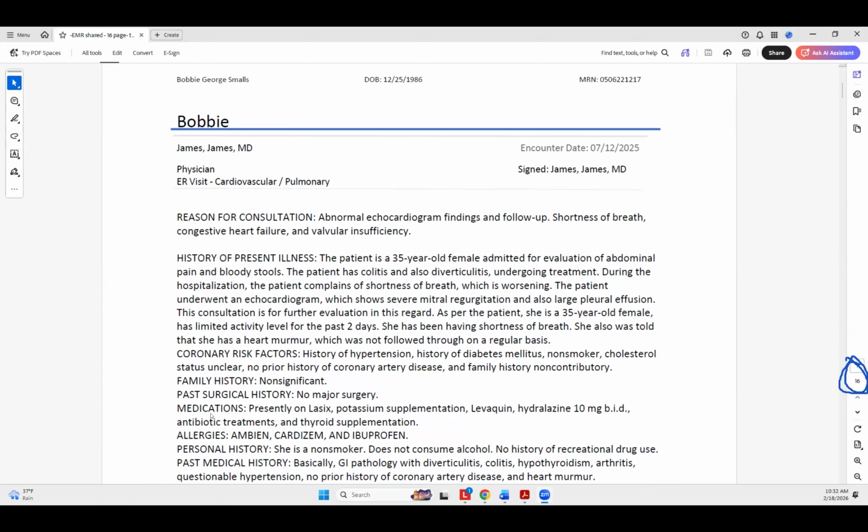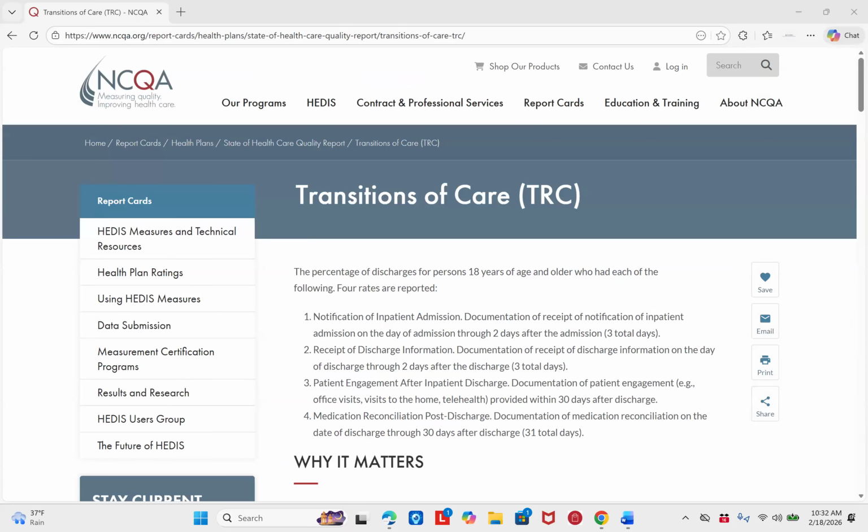But why is it important to know the difference between a shared EMR and a non-shared EMR for TRC? The difference is because for TRC, all of these indicators have to be from an outpatient record.